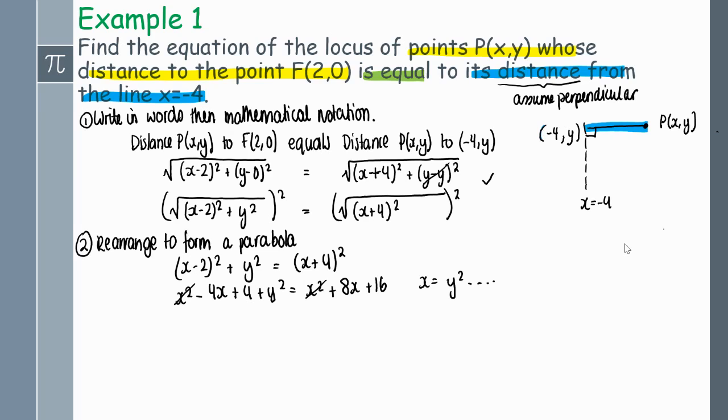It looks like my x squareds cancel, and I end up with something that's probably going to look like a parabola of the form x equals y squared something, something, something. If I want that, what I want to do is isolate a value of x. So let's move the x's to one side and then the y's and the constants to the other side.